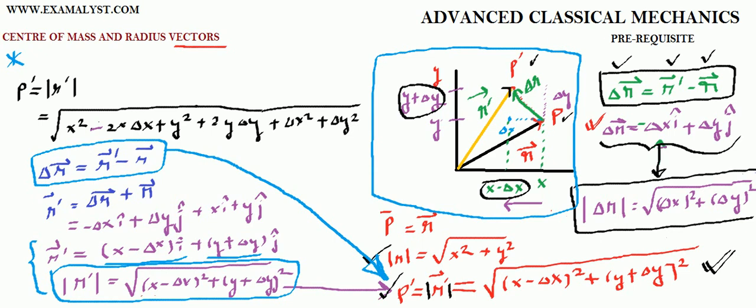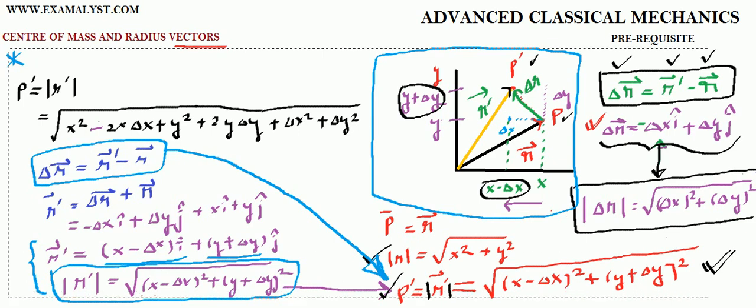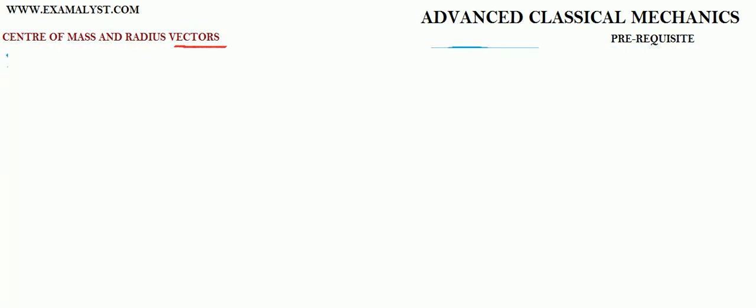So in conclusion, let me wrap up the entire discussion. What I want to say here is this: we have two things at hand. One, we have a vector, and another, we have the length of a vector, which is given by the mod of the vector.